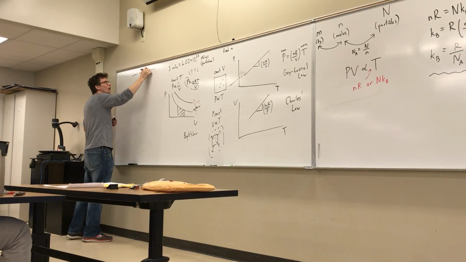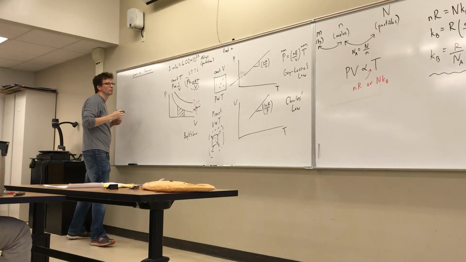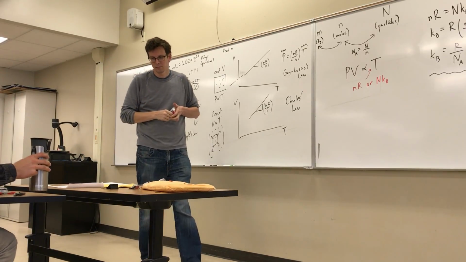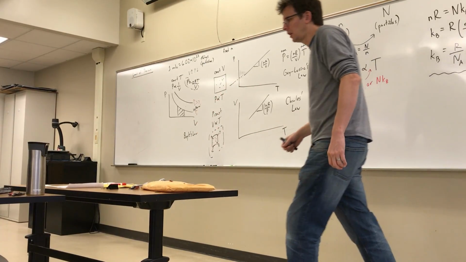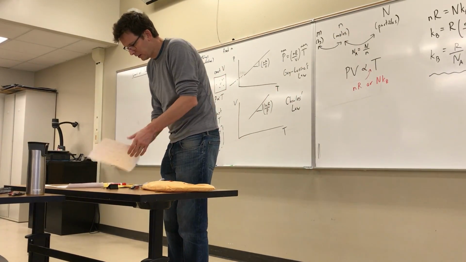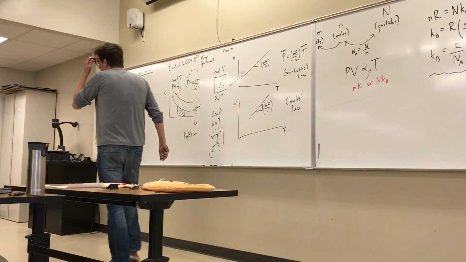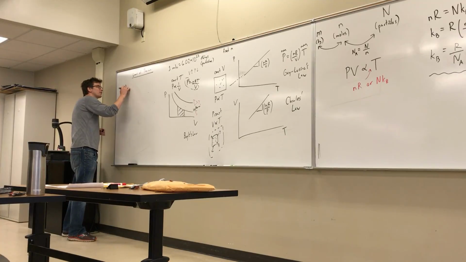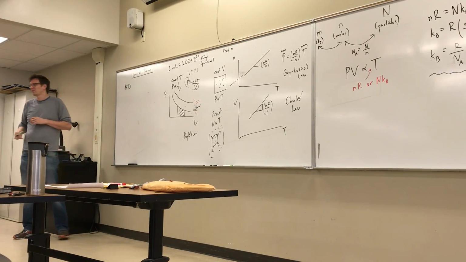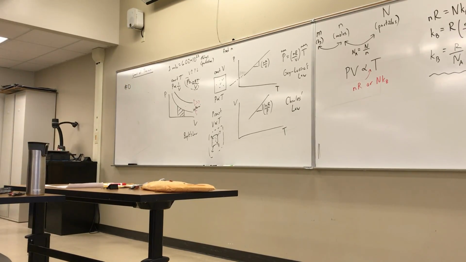So let's start with the laws of thermodynamics. Now the first law that I'm going to mention is going to be a little weird. It's the zeroth law of thermodynamics. Yes, this really is a thing, okay?